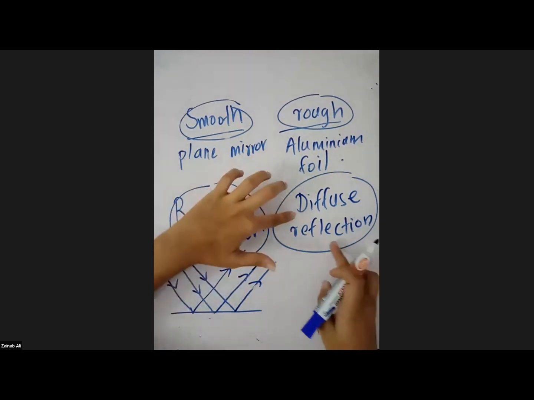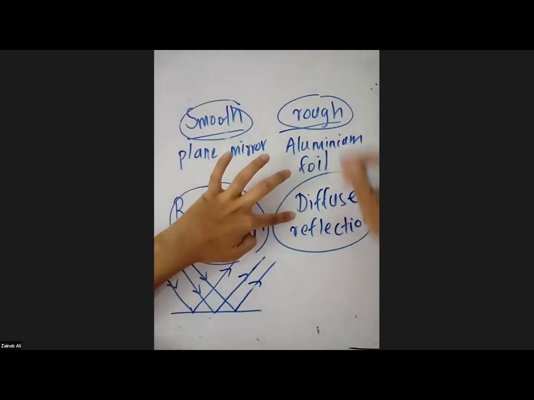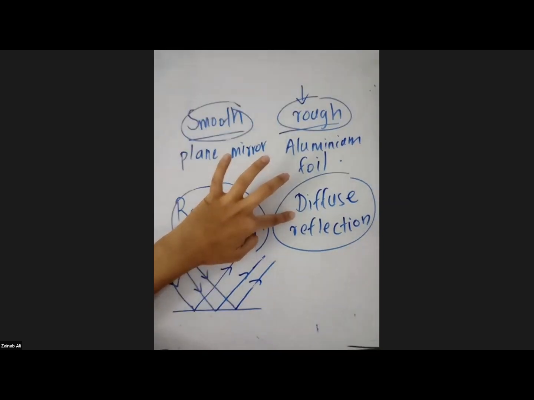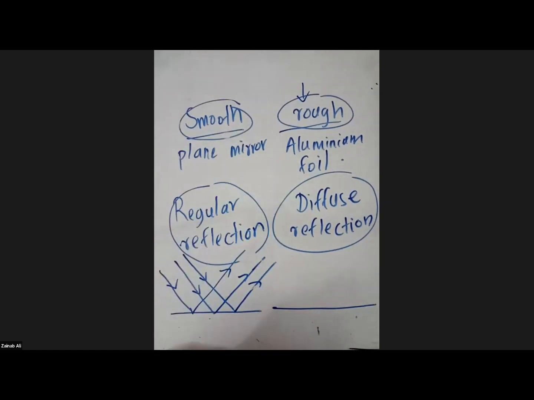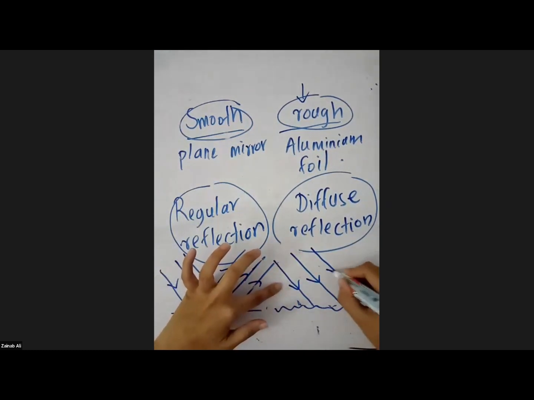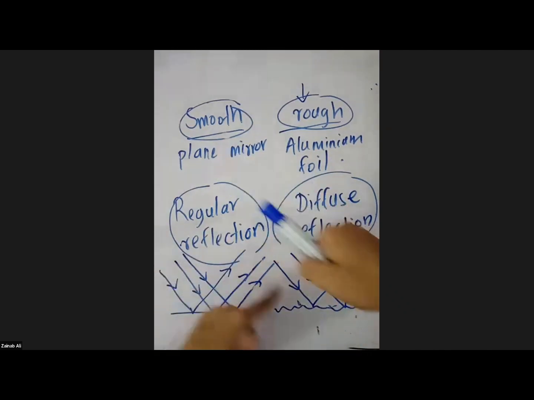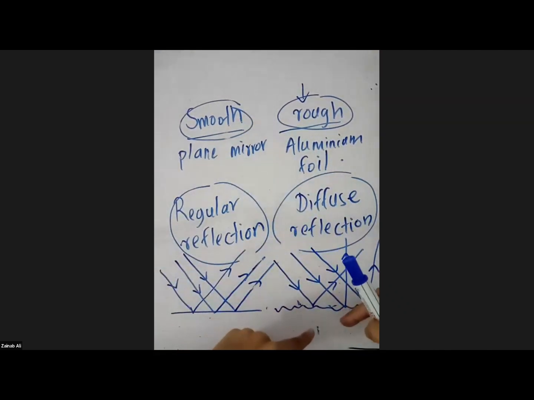So let's go to diffuse reflection. Diffuse reflection occurs in rough surfaces. Let's say these are the light rays which are coming; they should be parallel. But the light rays which are reflected are not parallel. The incident rays are going to be parallel to each other.